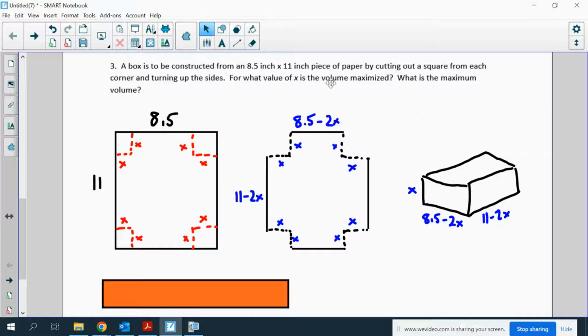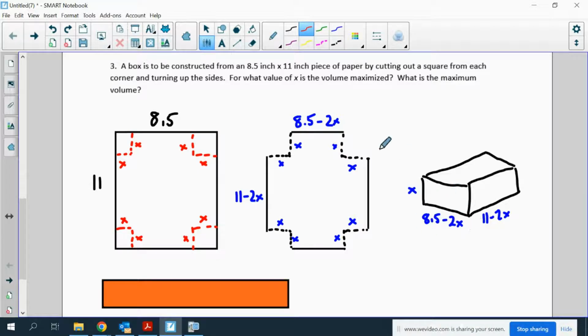So if I fold this, I now have an open top box where the top is open and the bottom down here is not open. So it's something that can hold things but has no top.